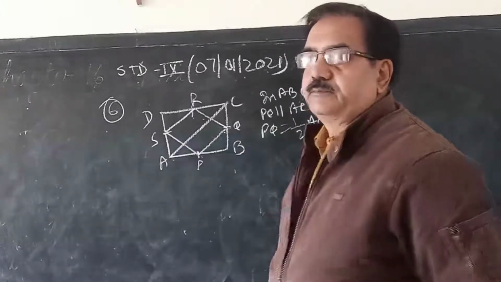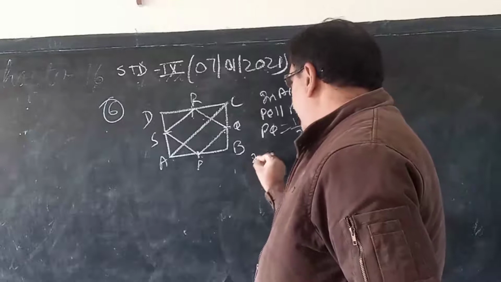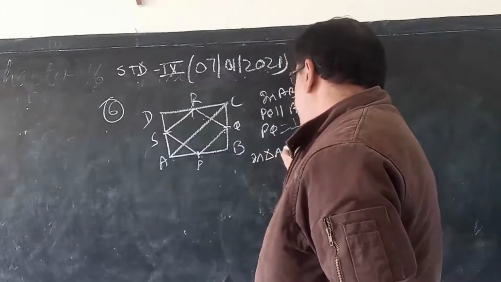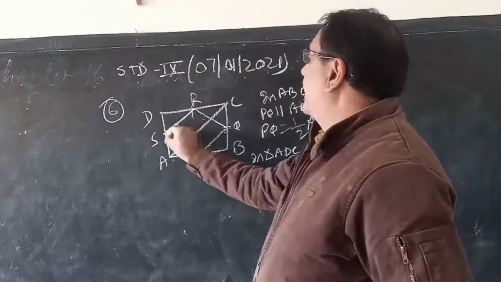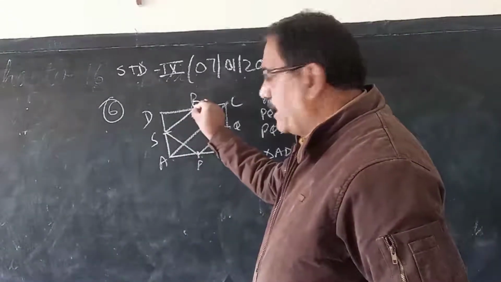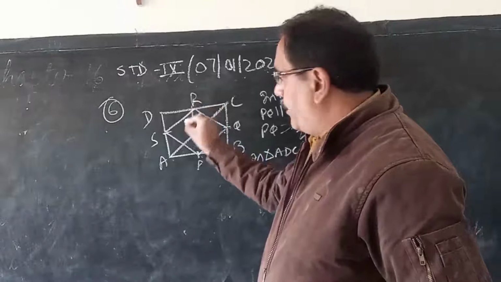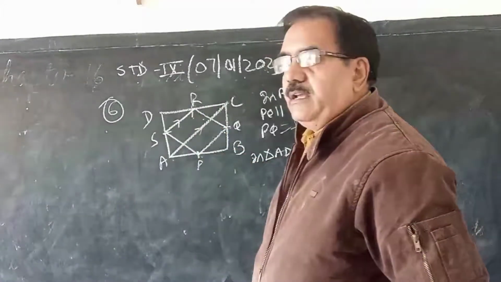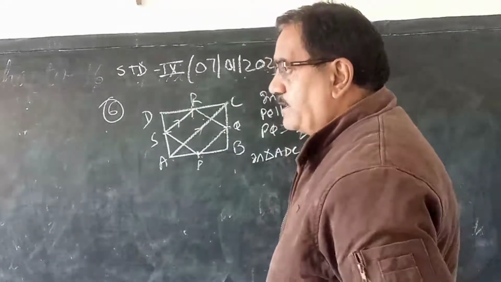First part. Again in triangle ADC, S and R are the midpoints. So the line joining the midpoints will be parallel to AC and this will be half of AC.